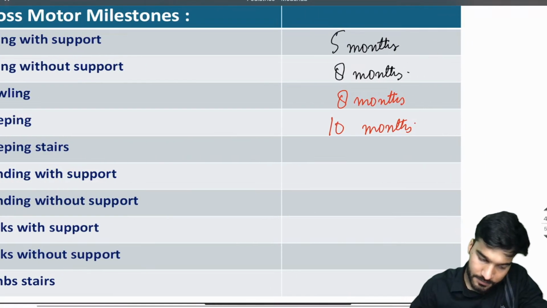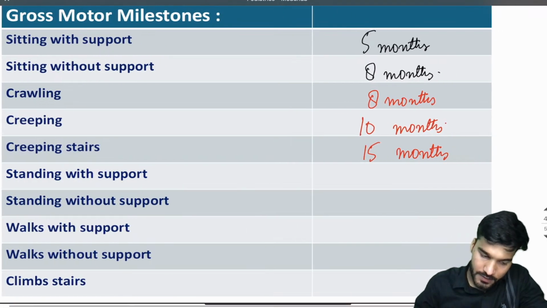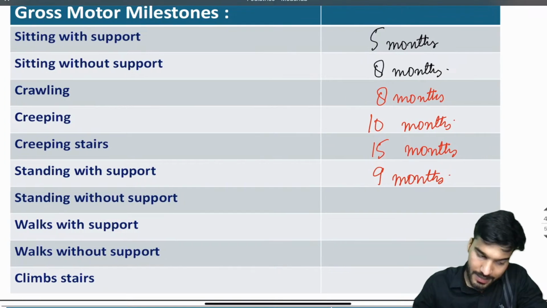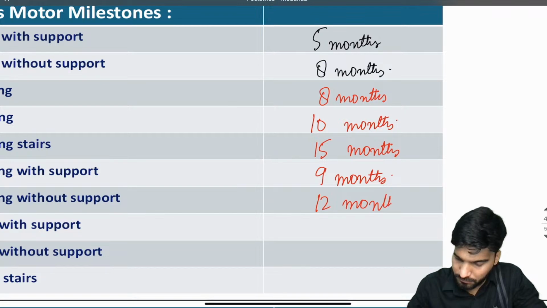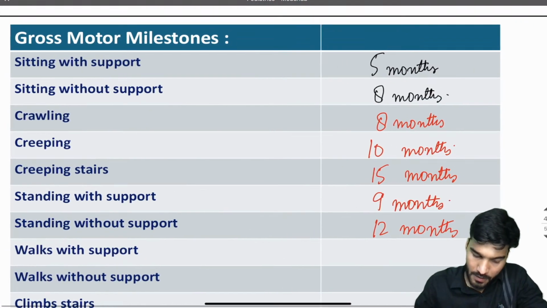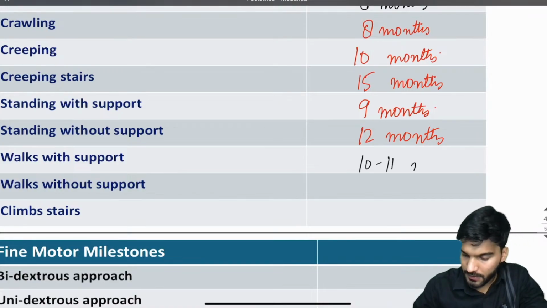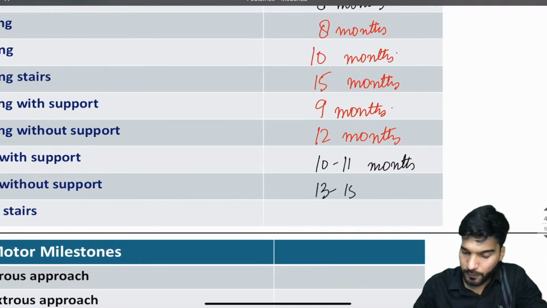Creeping stairs, 15 months. Standing with support, 9 months. Standing without support, 12 months. Walks with support is 10 to 11 months. Walks without support is 13 to 15 months.